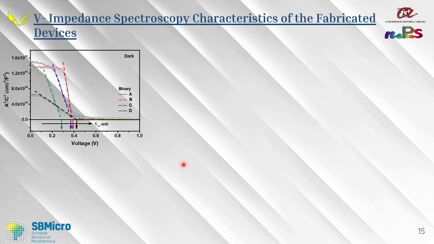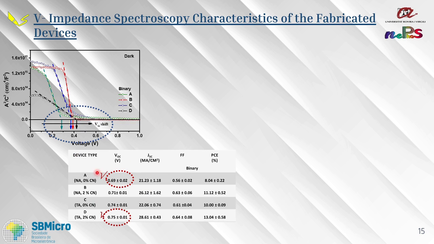Another characteristic, using impedance spectroscopy for the fabricated devices, is that the V built-in value was higher for the treated devices than the pristine, which also confirms the higher value of the VOC for the treated more than the pristine one, as well as explaining the effect of traps as we discussed before.